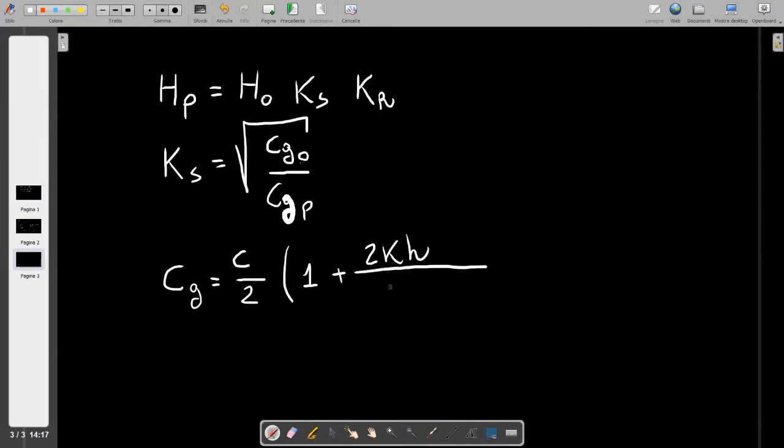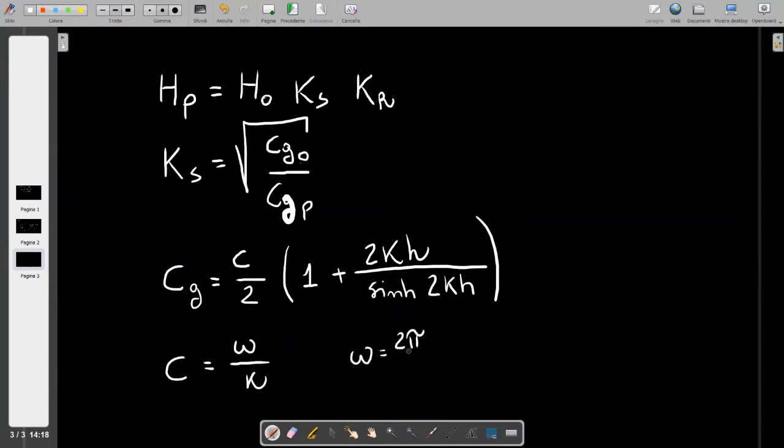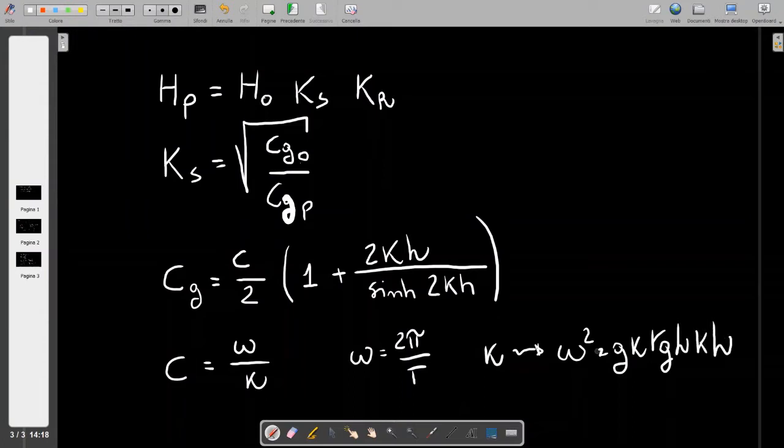2kh over hyperbolic sine of 2kh, where c is equal to omega over k, where omega is equal to 2 pi over T, and k comes from the resolution of the dispersion relationship, that is omega squared is equal to g, the gravity acceleration, k, hyperbolic tangent of kh.